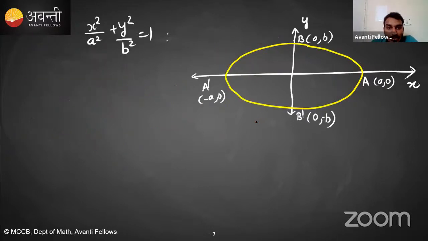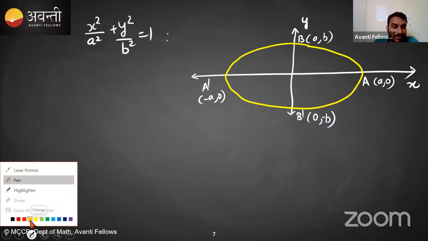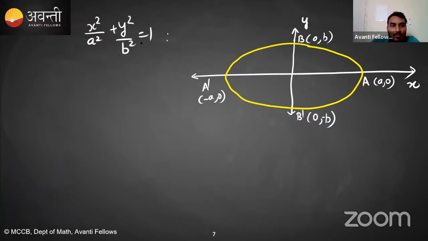And this is how the curve looks. This is the ellipse. x square upon a square plus y square upon b square is equal to 1. Okay. When you solve it, you will get these two points, A and A dash, where y is 0. Then obviously x क्या आएगा?